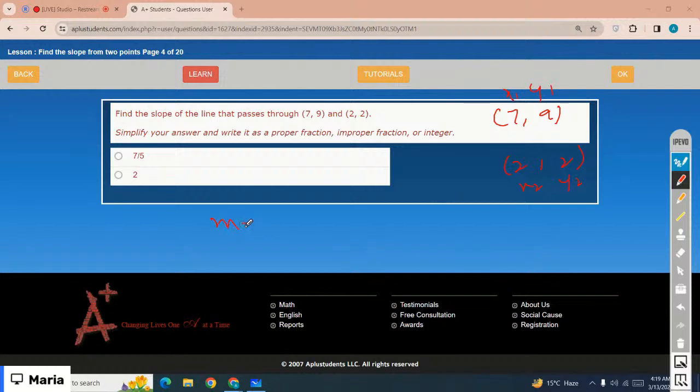So the slope is change in y, y2 minus y1, divided by x2 minus x1. So here is y2, 2, here is y1, 2 minus 9 and 2 minus 7, right? So 2 minus 9 is negative 7 and 2 minus 7 is negative 5. So both the negative signs cancel out each other and you are left with 7 over 5. So option number 1 is the correct option, right?